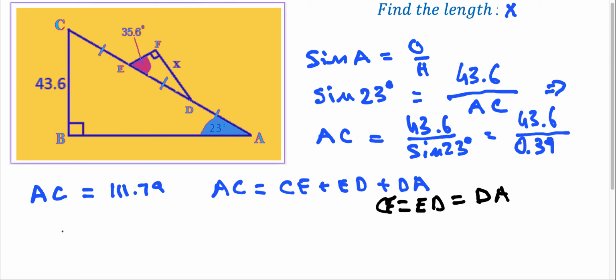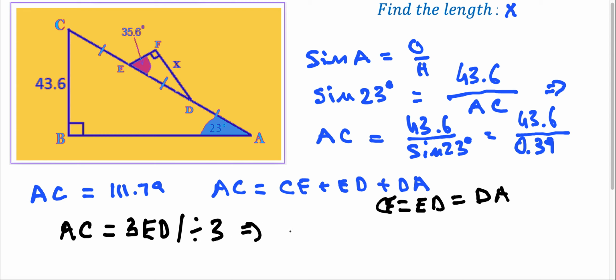In other words, AC is equal with 3 ED. Okay, so let me write here 3 ED. If we divide everything by 3, it implies ED is equal with AC divided by 3.